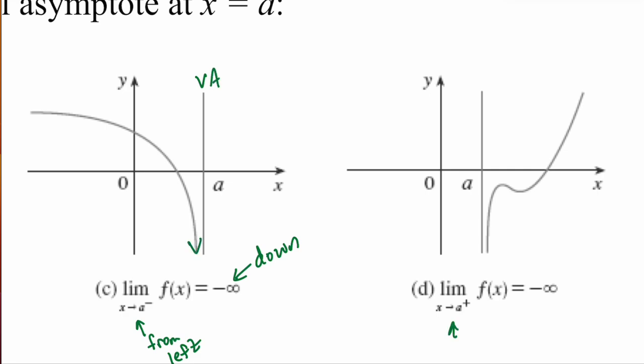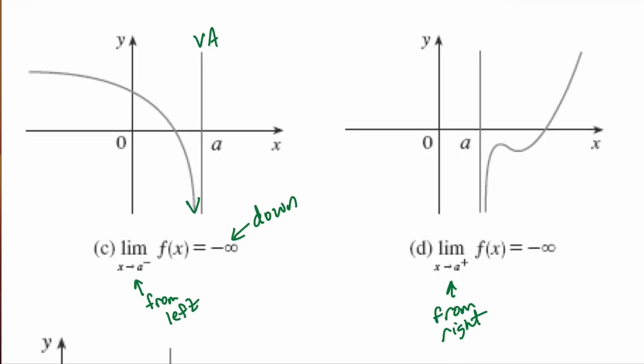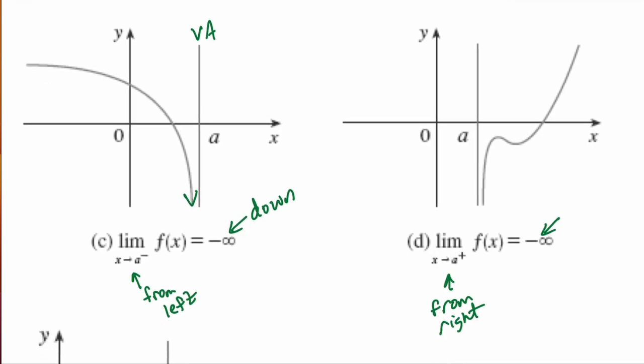From the right, we are going up. So we have hit a vertical asymptote, or not up, I'm sorry. We're still going down. So that negative infinity just says that we are going down from that side.